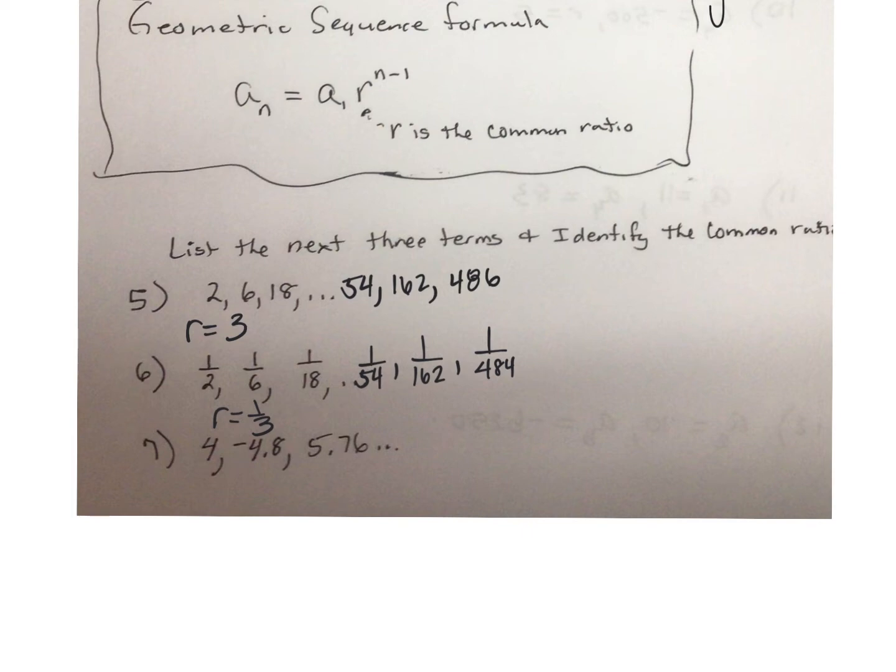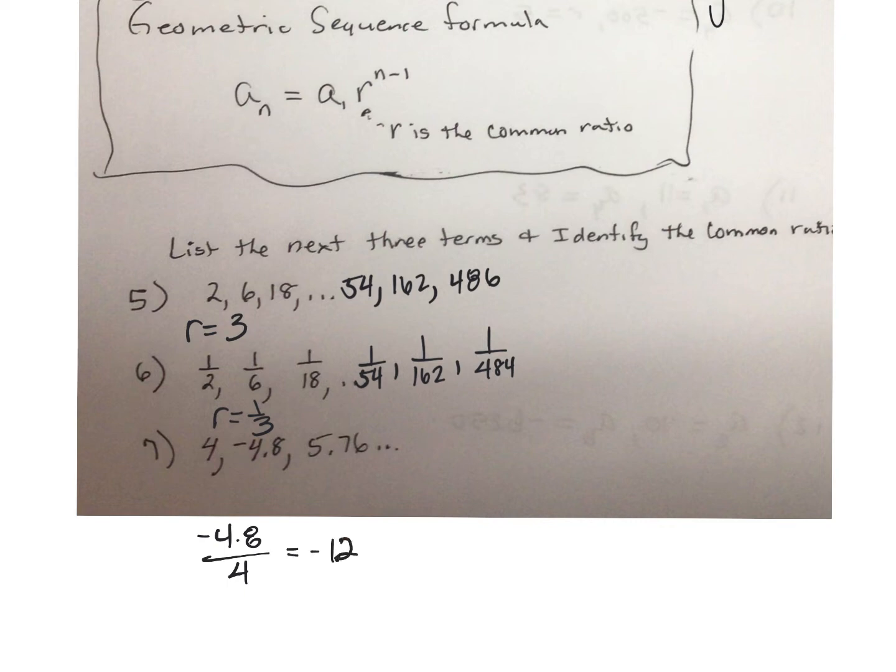What about number 7? That looks kind of hard. Here's how we find common ratio if we can't see it. If we can't look at it and automatically say, oh yeah, that's times by 3, then we divide the second term by the first term. Negative 4.8 divided by 4. Do that in our calculator.